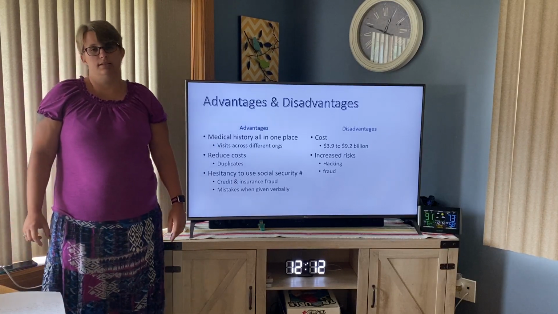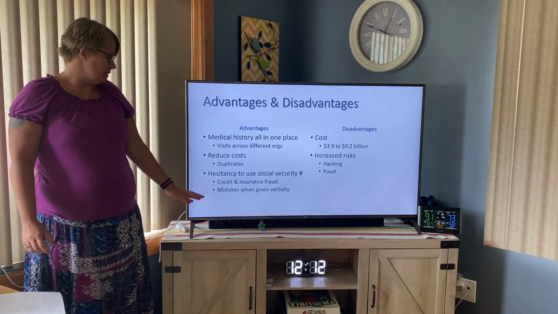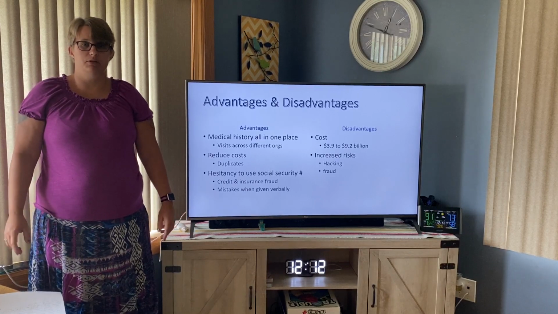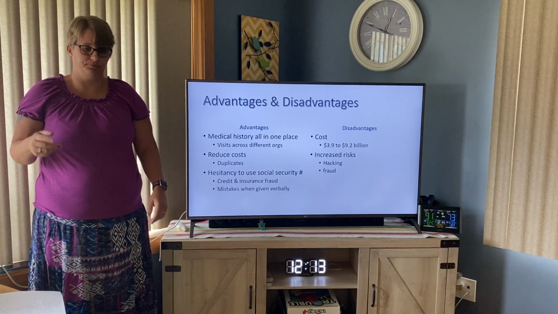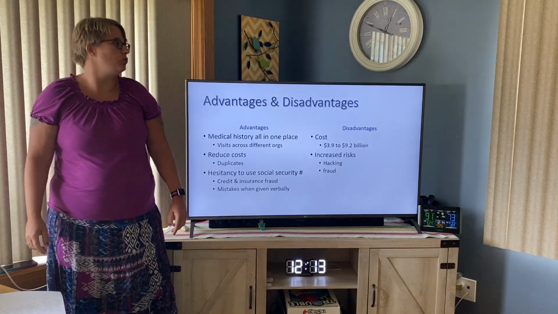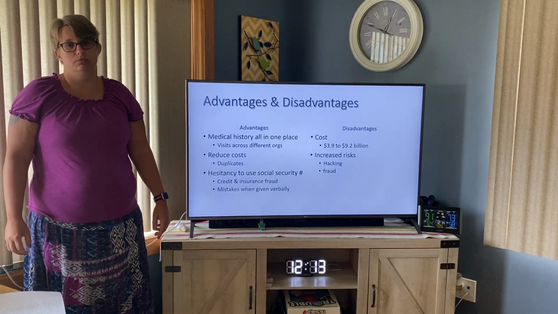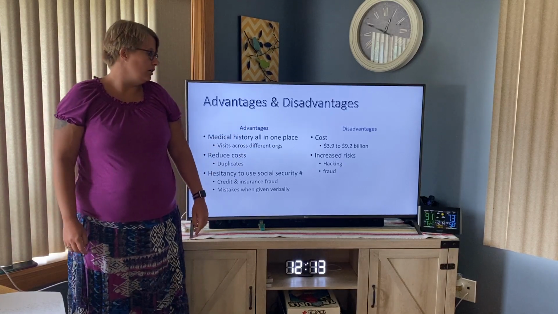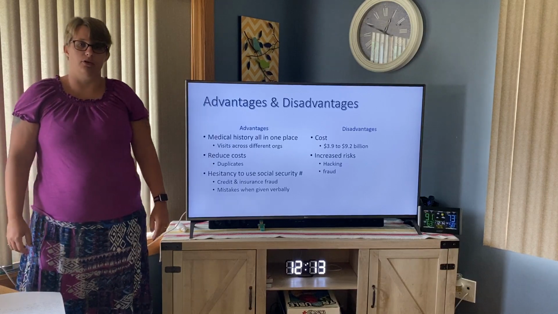There's also people's hesitancy to use their social security number because of credit and insurance fraud. And we don't tend to write those down, so we give them verbally, and then you can have problems with it being transposed wrong into the system, which would lead to misidentification problems. And of course, the disadvantages are the cost, and then you have increased risks of hacking and fraud.